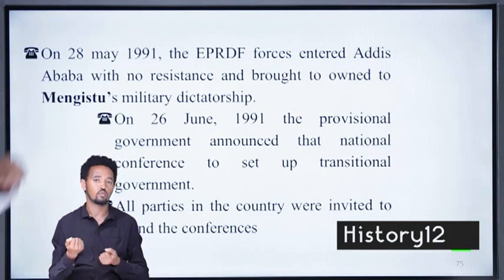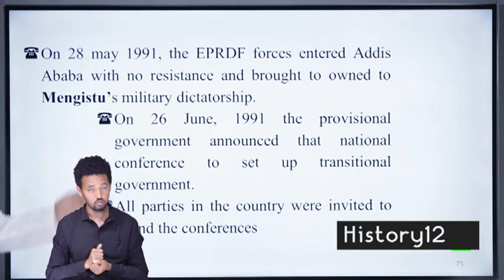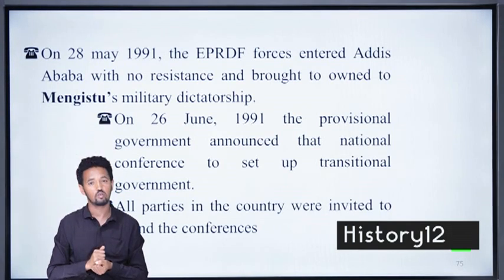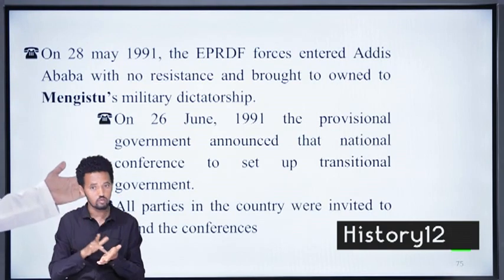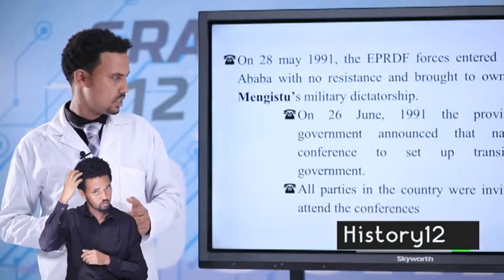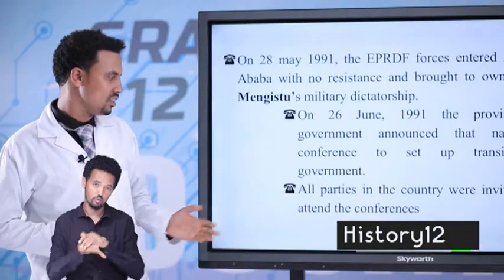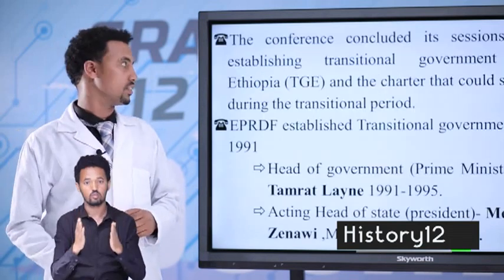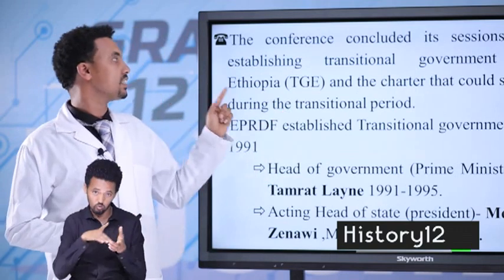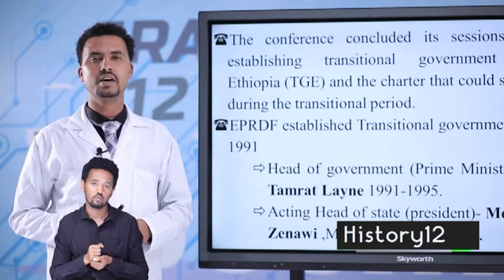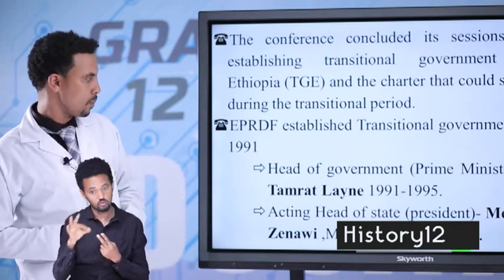Then, on 26 June 1991, the provisional government announced a National Conference to set up a transitional government. All parties in the country were invited to attend the conference. The conference concluded its session by establishing the transitional government of Ethiopia.